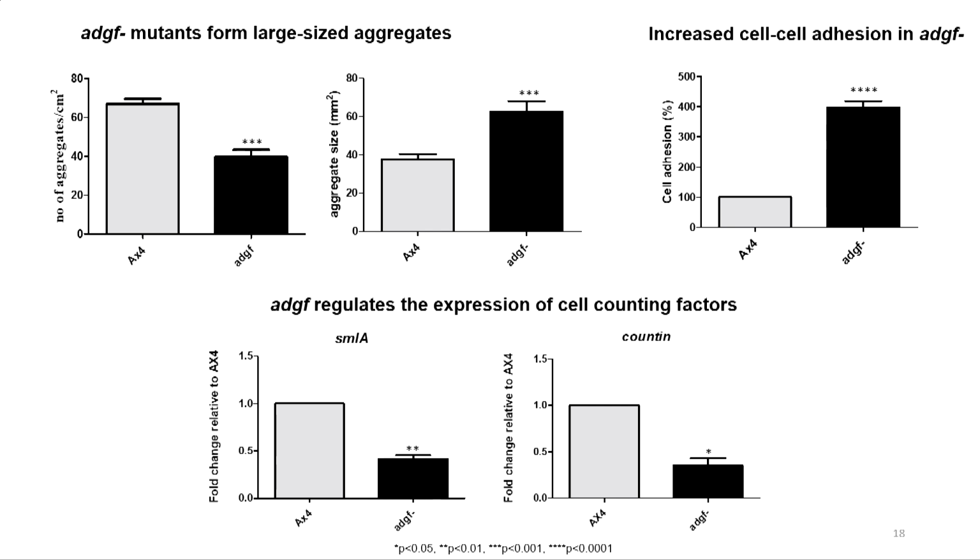This was not the main focus of our work, but we found the reason for the increased aggregate size. It is because of increased cell addition, and there are genes involved in tissue size regulation. Their expression is altered, as a consequence of which the size goes wrong, and then you have a large sized aggregate.